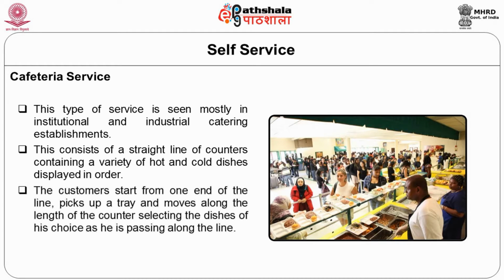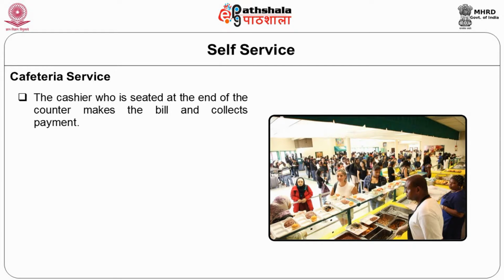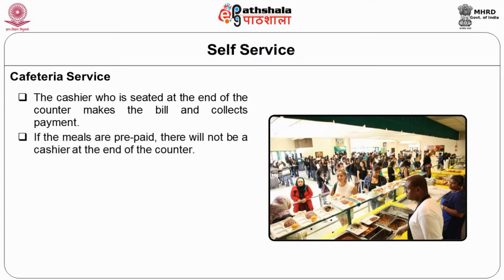The customer starts from one end of the line, picks up a tray and moves along the length of the counter, selecting the dishes of his choice as he is passing along the line. The cashier, who is seated at the end of the counter, makes the bill and collects payment. If the meals are prepaid, there will not be a cashier at the end of the counter.